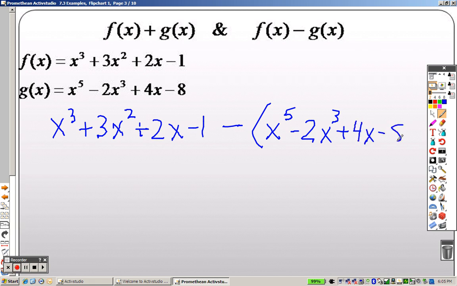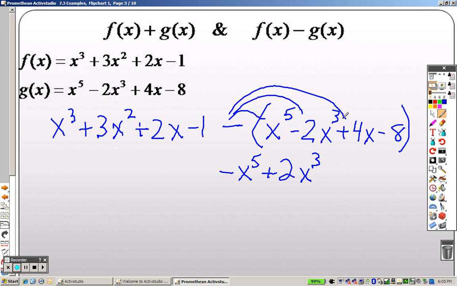Everything. Which means I take that negative through. So it's negative x to the fifth. It's positive 2x to the third. It's negative 4x. And it's positive 8. Now I can add those together.